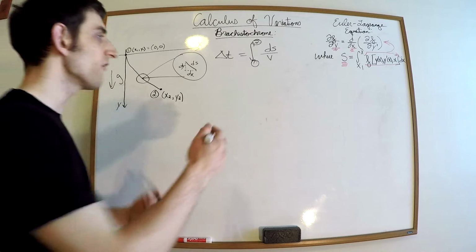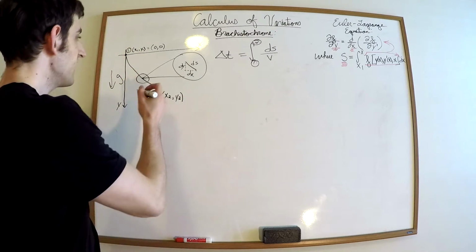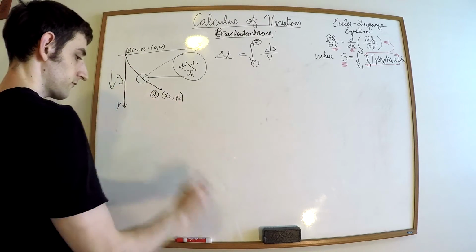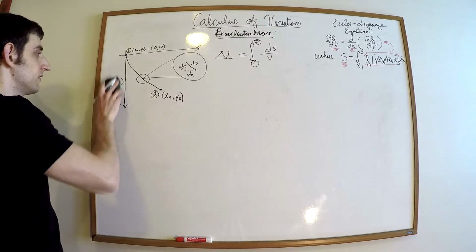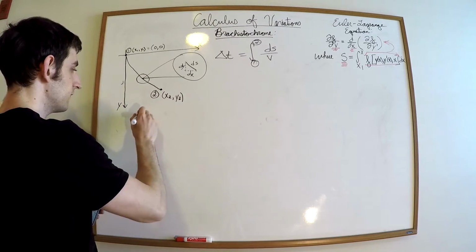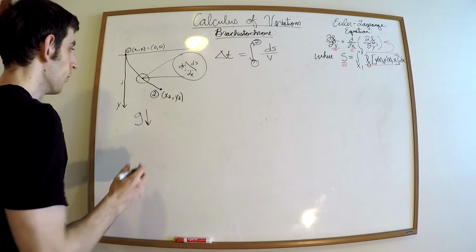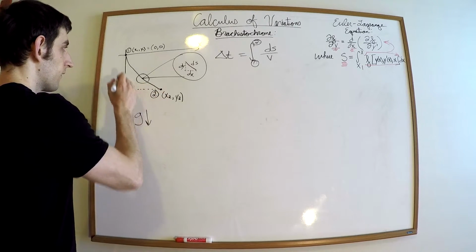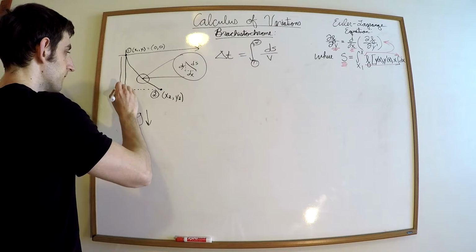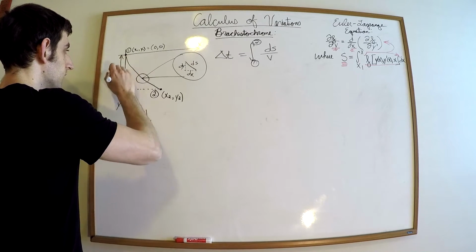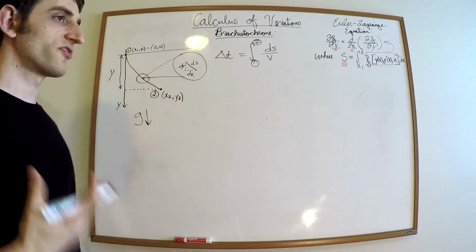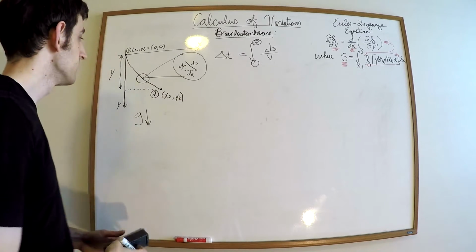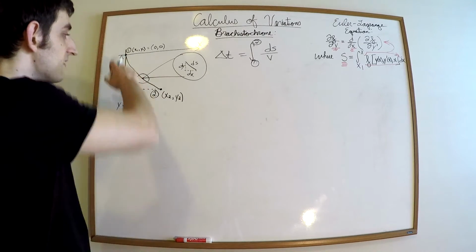So we're going to take all of our potential energy and we're going to find, let me erase this a bit. I'm going to put the g down here. We're going to define this distance as y. And this is why we're setting up the origin as such, because we're trying to get to this point.